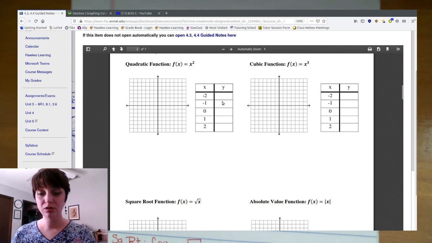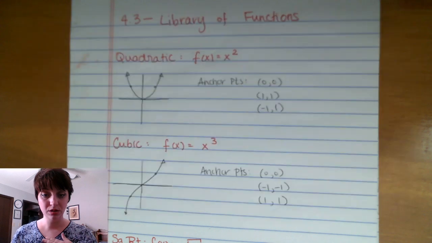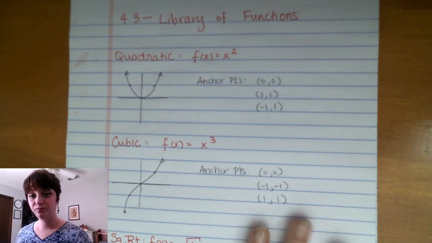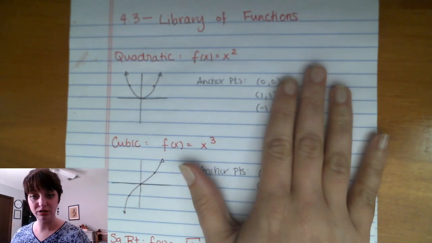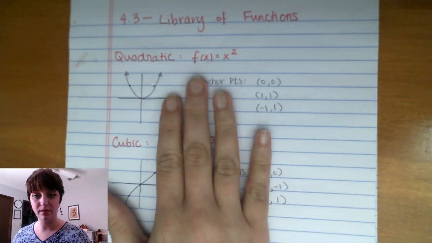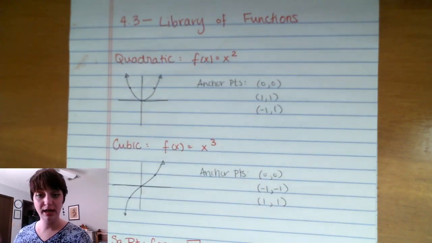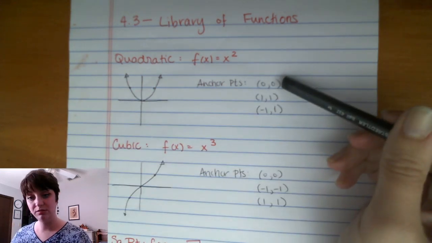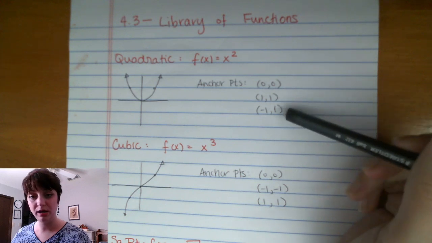All right? So in my notes, here's what I've written. And this is, of course, on Blackboard. Library of functions. The quadratic is x squared. It looks like a bowl. It has the following three anchor points that we're going to use: (0, 0), (1, 1), and (-1, 1).